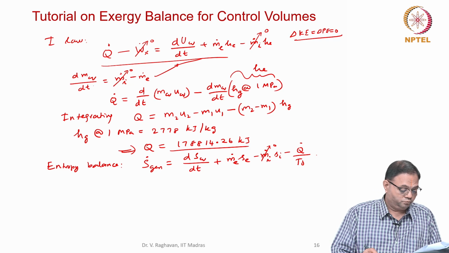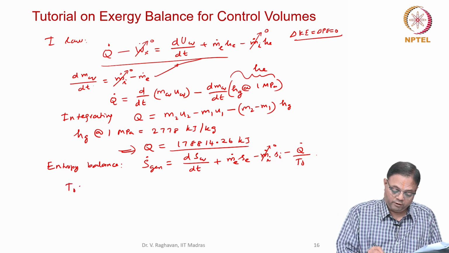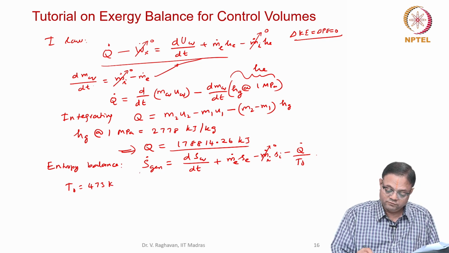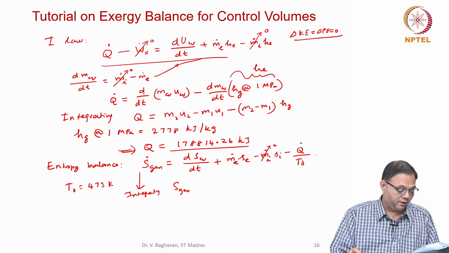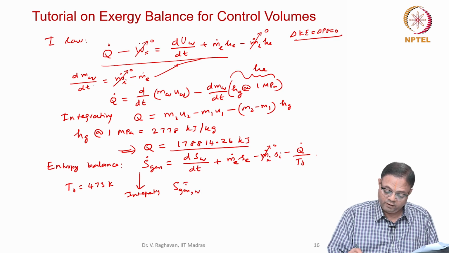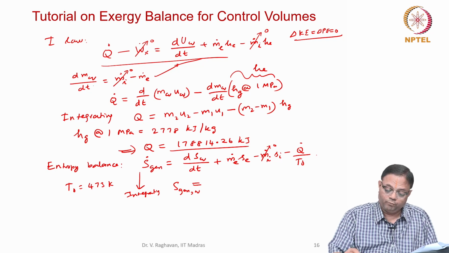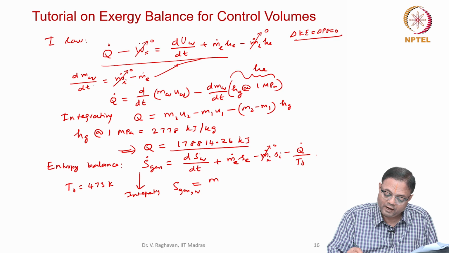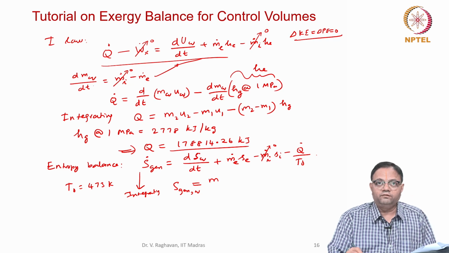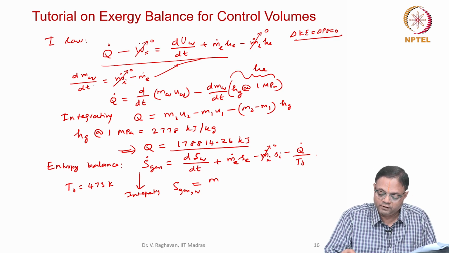Here T naught equals, as I told, 473 Kelvin. So now integrate this. Integrating, I get the total entropy generated in the CV equal to m2 s2 minus m1 s1, where capital S can be written as small s into m, for the CV.